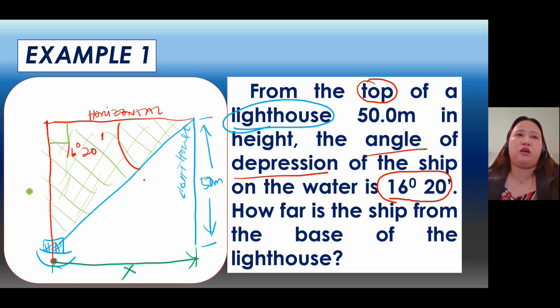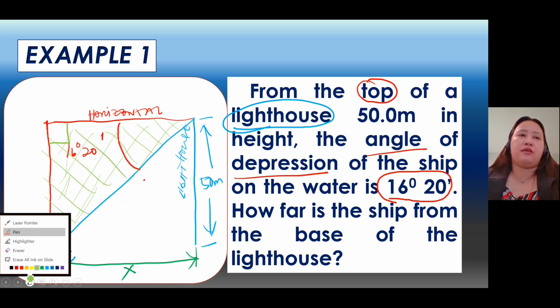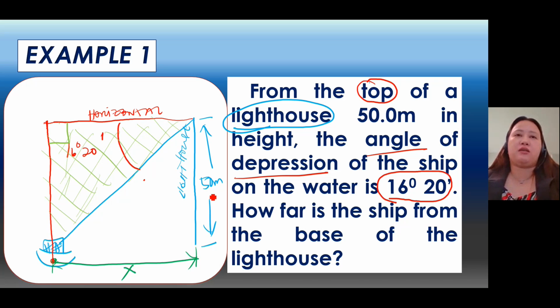But of course, you need to complete the sides. This vertical, if you would notice, is the same as this 50. It is going to have the same measurement, so this is also 50 meters. They are parallel, and knowing that we have a horizontal here and also a horizontal on the lower portion, we can form a rectangle.